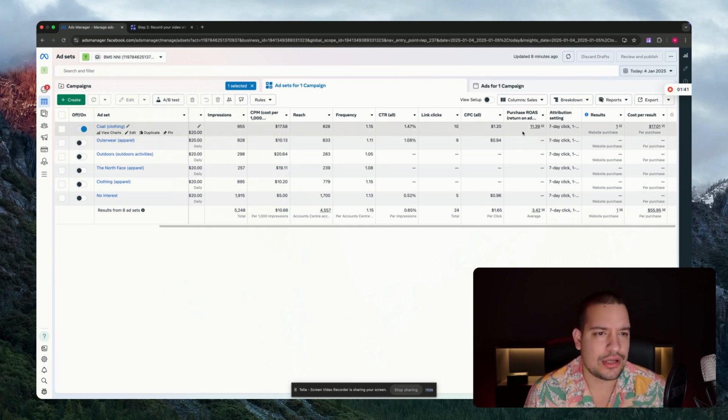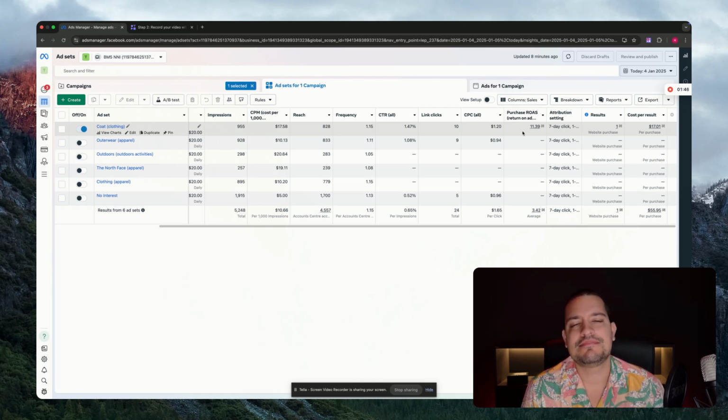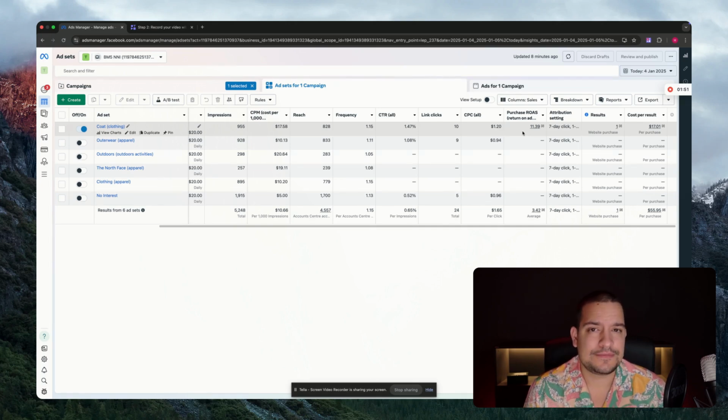So, what if you turn it off? What if you turn off that interest right here and you're like, maybe I don't have enough budget or I'm limited in stock? Well, you need to understand that the last thing you want to do is turn off an ad set. Because if you turn it off, what's highly likely to happen is that it's going to de-optimize. And when you put it back on, highly likely it's not going to make sales again because it needs to re-optimize for the right audience.